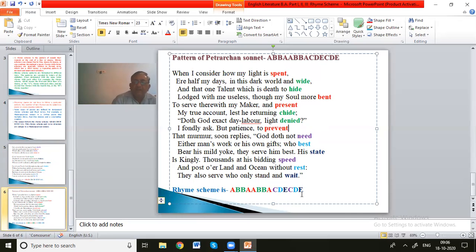It is fixed. The rhyme scheme of a poem or a stanza can be different, but I have tried to give you the idea of how to find out the rhyme scheme of a particular poem. By using this method, we can find the rhyme scheme of any stanza or any poem, and we can also find out whether it has a rhyme scheme or not. Thank you very much.